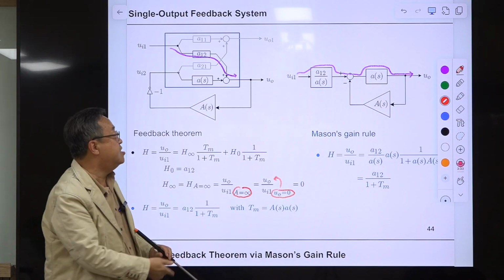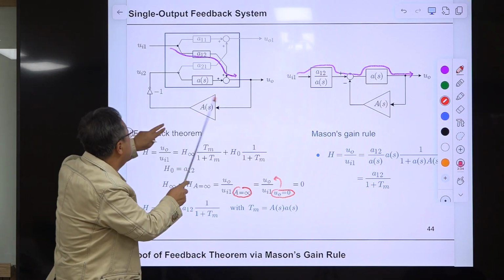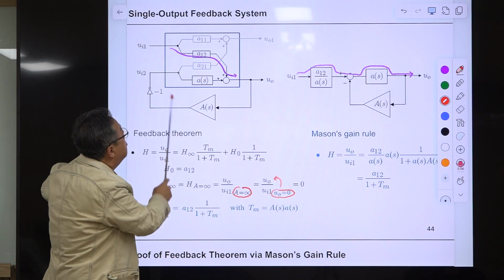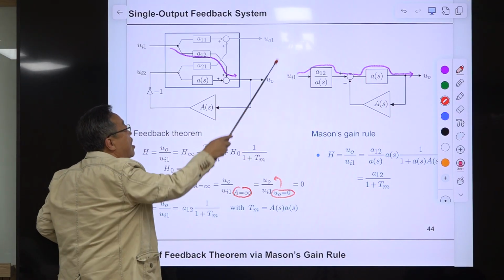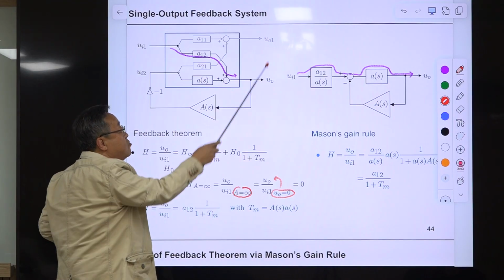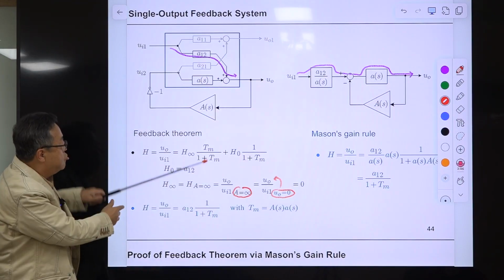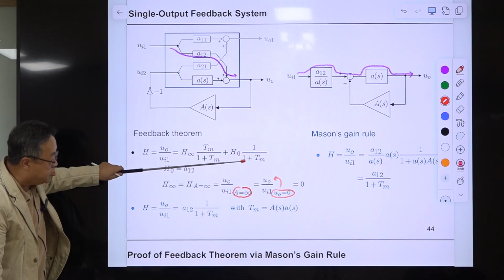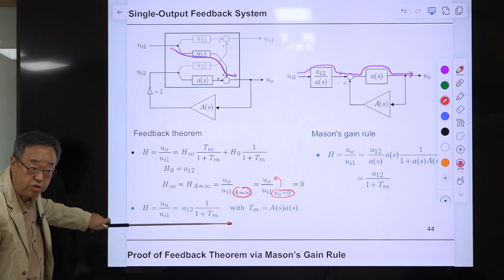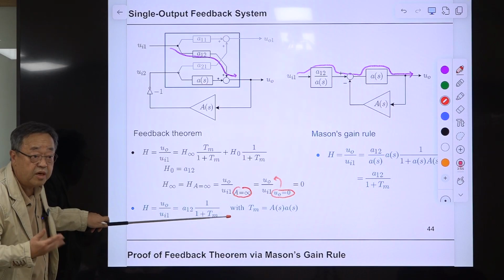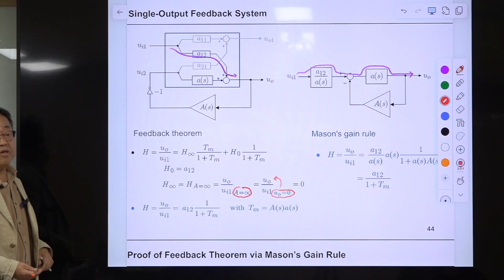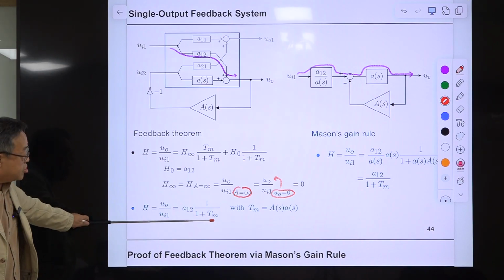Some cases have this single feedback path, but in many cases you have 2 outputs and the feedback is taken from a different point. Then you should use this. People have been trying to use this rule forever with some simplification. Okay, that was their mistake. So it won't work for some cases.